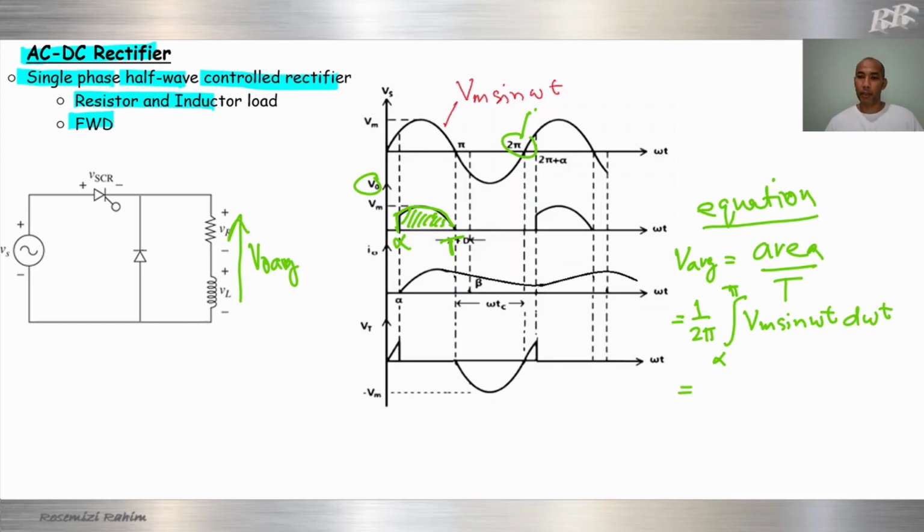The integration gives Vm over 2 pi times 1 plus cos alpha. This is V average.